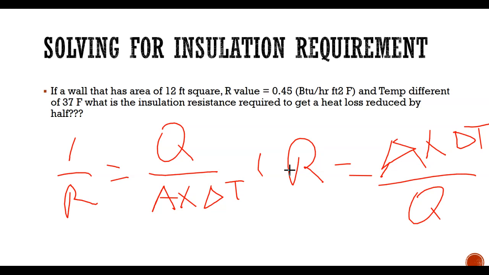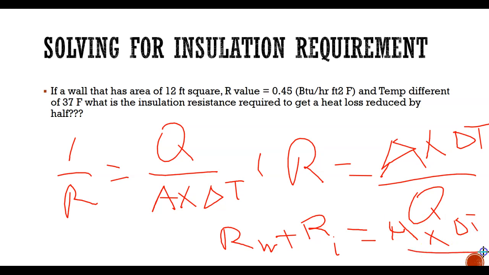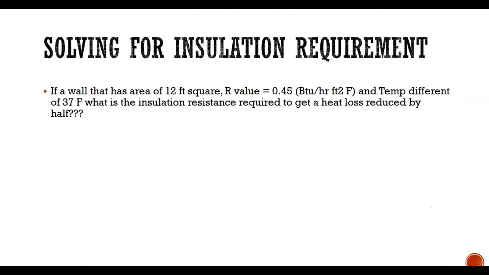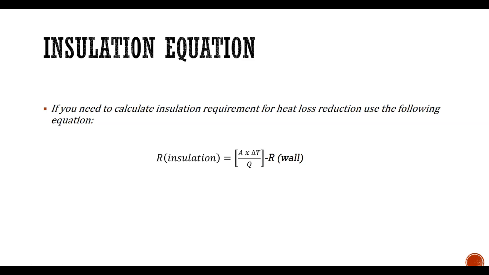So R wall plus R insulation equals area times delta T over Q. And if I make it a little bit cleaner here, hopefully I have the equation here. Yeah, this will be the equation that you need to calculate for the insulation.